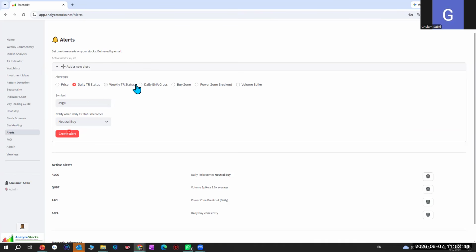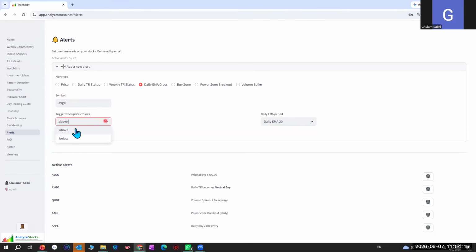Similarly, I can set it so that if Broadcom, for example, triggers when the price is above 400, I think it's below 400 now, then set an alert for me. And it will create an alert, Broadcom price above 400. These are the valid alerts for me. Similarly, if I want to see if Broadcom comes above a daily EMA of 20, above and below.